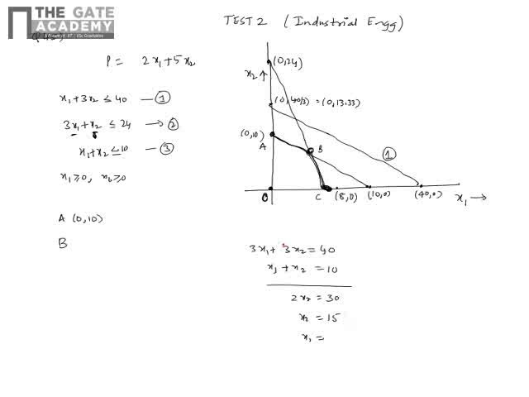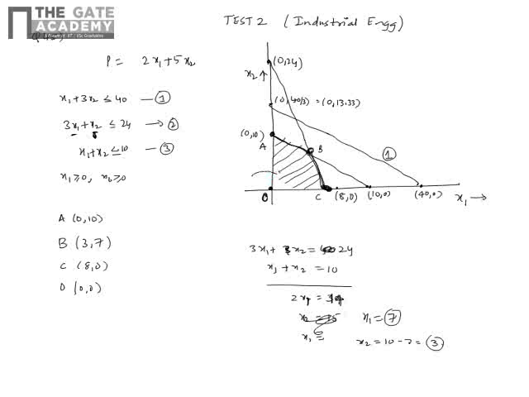So 3x1 plus x2 is 24. If you subtract, you will get 2x1 is 14, so basically x1 is 7. So x1 is 7, x2 is 10 minus 7, which is 3. So this point B is (7, 3), and point C is (8, 0), and the origin is (0, 0).